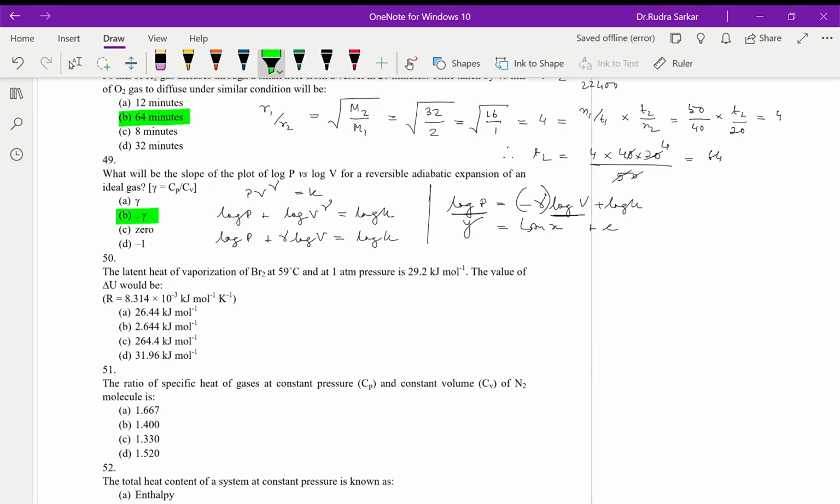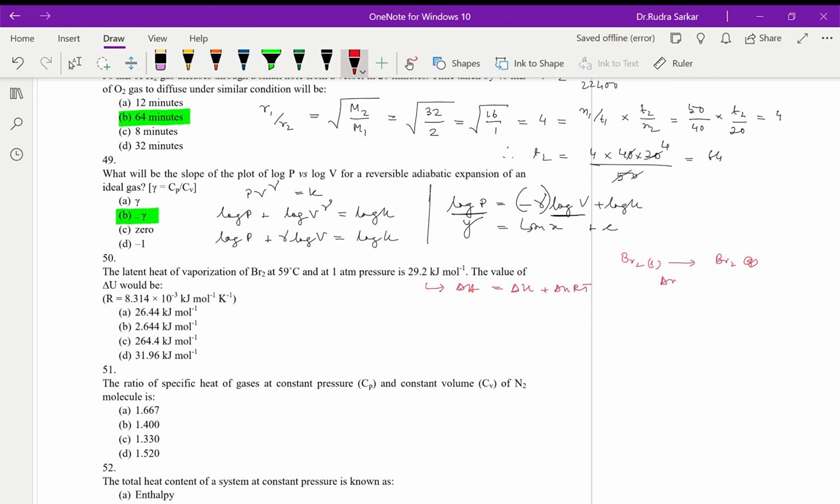Latent heat of vaporization of Br2 at 59 degrees Celsius at 1 atm pressure is this much. So this is my delta H. So delta H is equal to delta U plus delta n RT. What is delta n? We know Br2 is liquid going to Br2 gas.